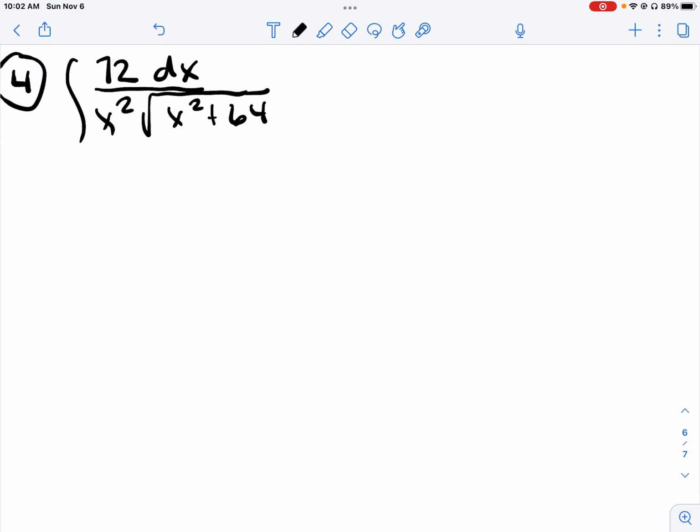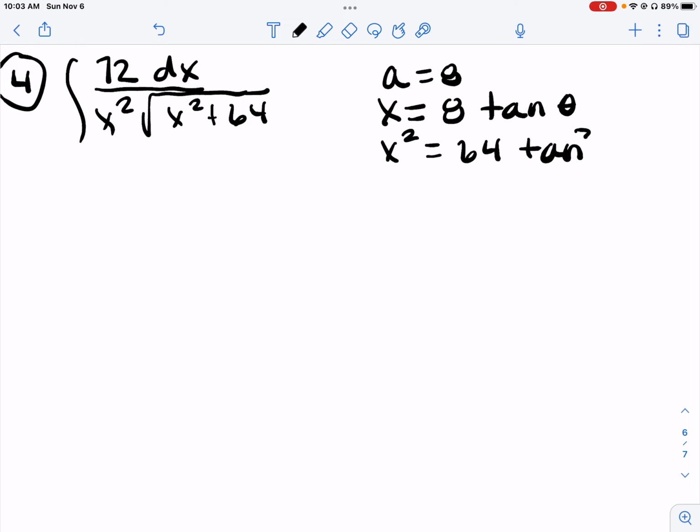Okay, so since a squared is 64, that means a is 8. So our substitution is x equals 8 tan theta. x squared is 64 tan squared theta. And dx would be 8 secant squared theta d theta.